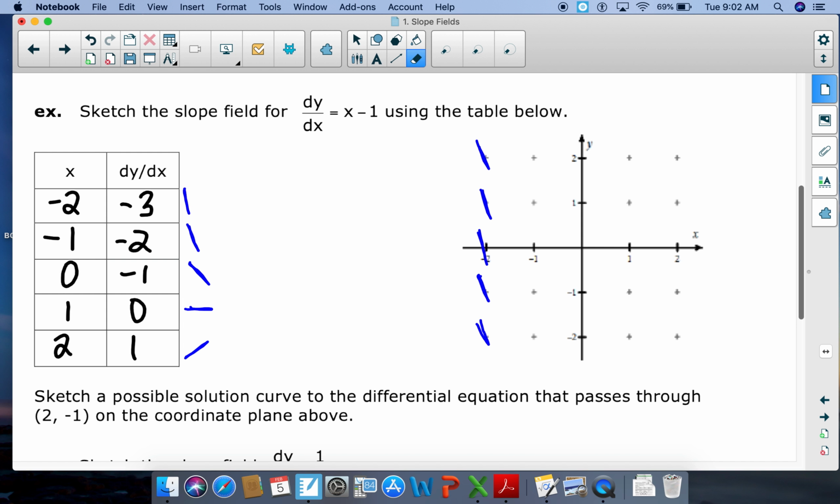That was not close, it's almost there. When x is -1, my slope is a little less steep, isn't it? So -1 is here. That's almost. Then at 0, I'm at that perfect horizontal.